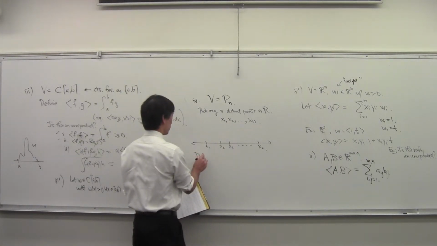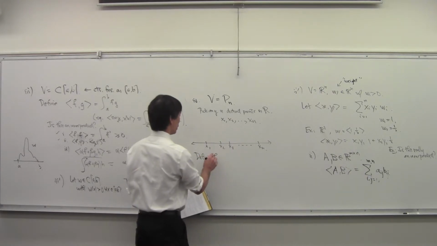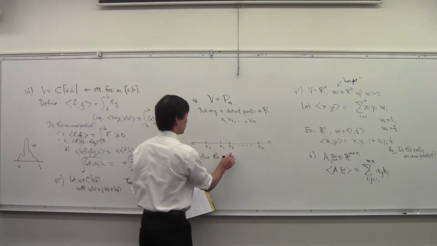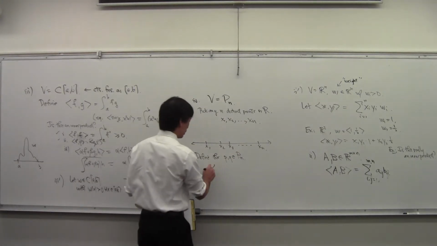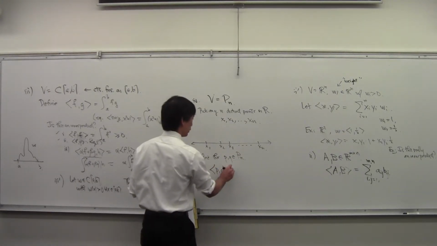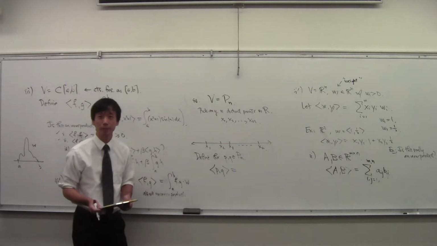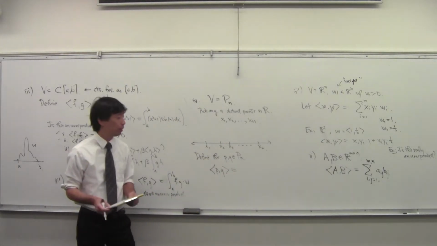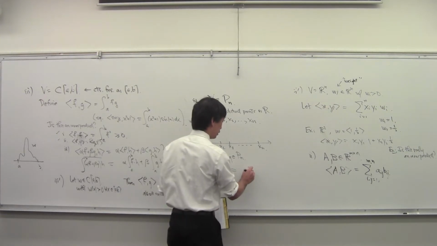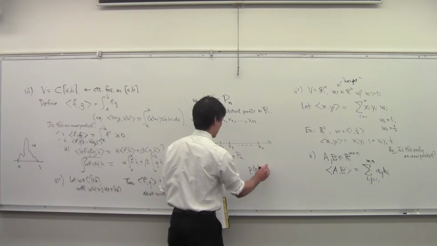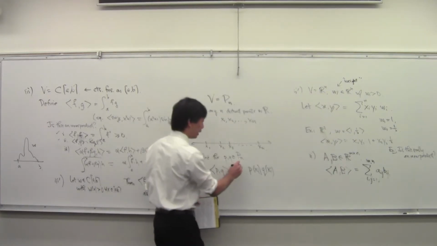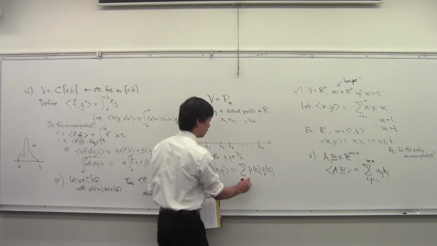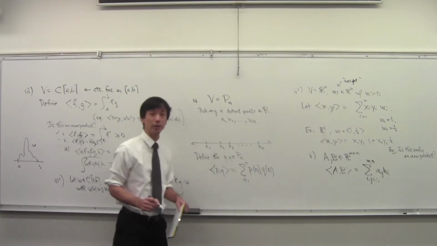Define, for polynomials, an inner product by doing something funny. We take the polynomials and evaluate them at the points, and then we add up all those values.